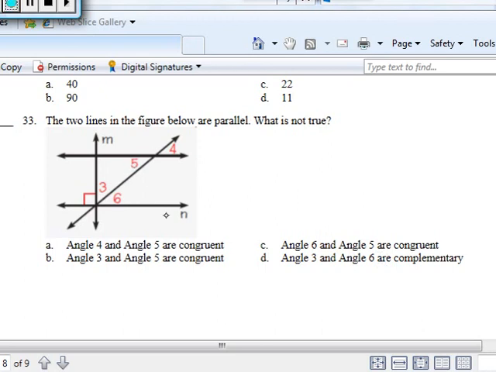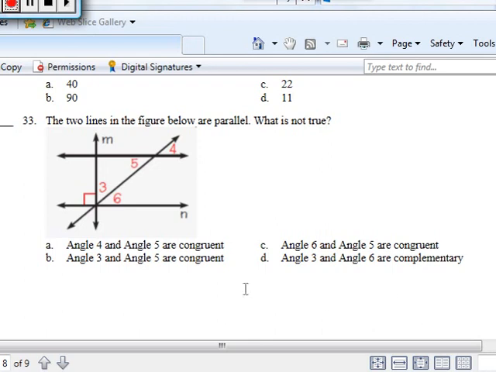Here's alternate interior. Here are my parallel lines, here's my transversal. They're on opposite sides of the transversal, and they're also inside the parallel lines. 5 and 6 are alternate interior, so those would be congruent.